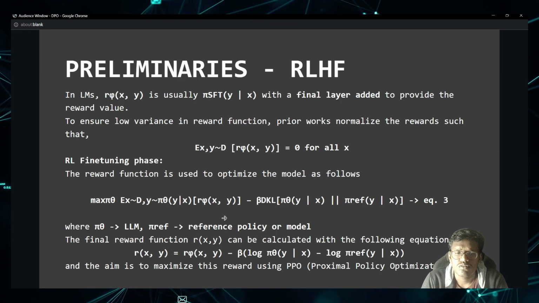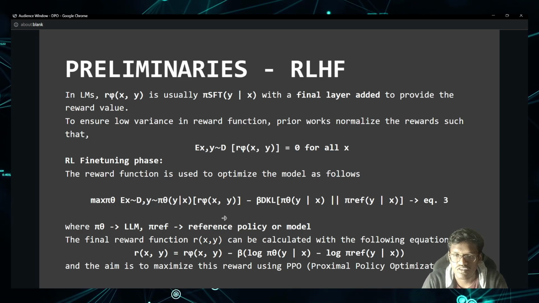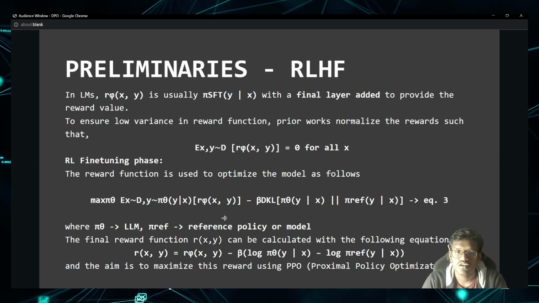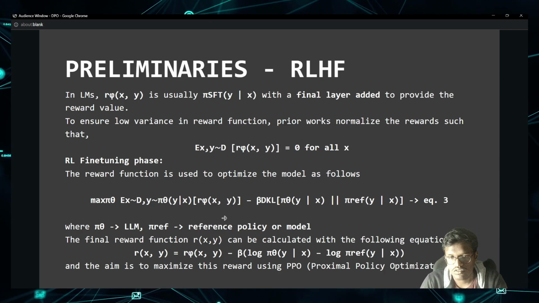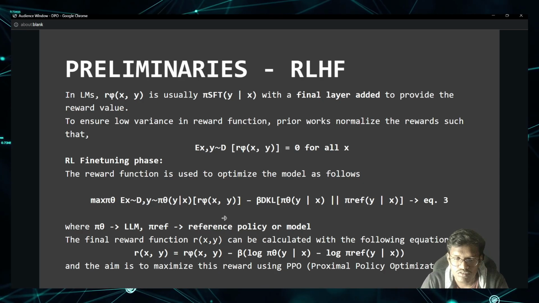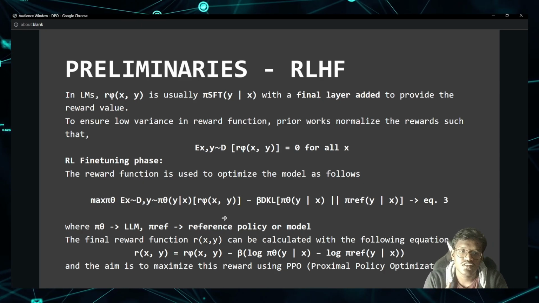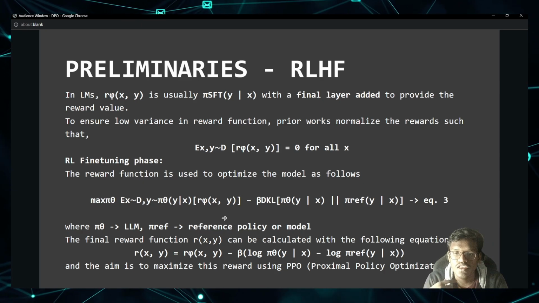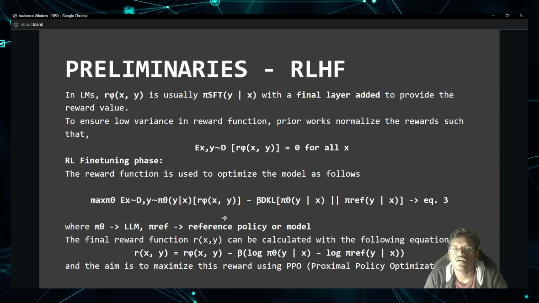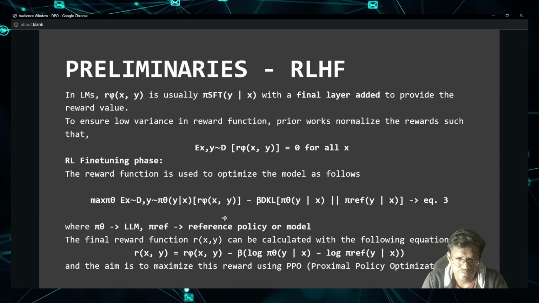To ensure there is low variance in this reward function, some prior works normalize the rewards, such that the expectation over (x, y) belonging to D of the reward r(x, y) will be equal to 0 for all x at the beginning. While it is the beginning, the reward for any input and output together will be equal to 0.